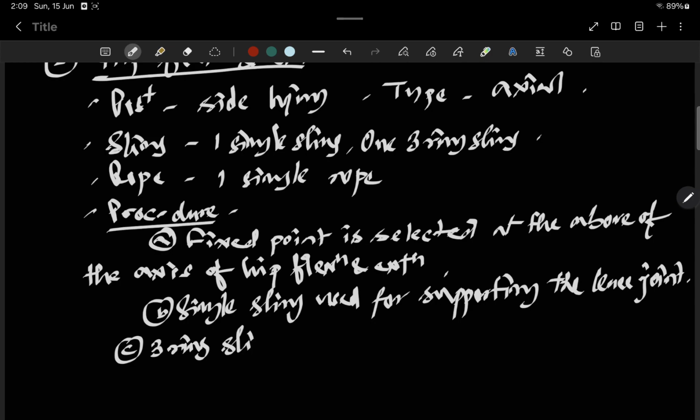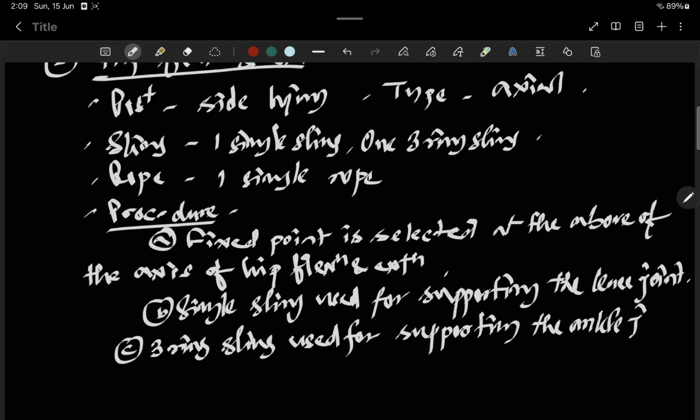Three ring sling is used for supporting the ankle joint.